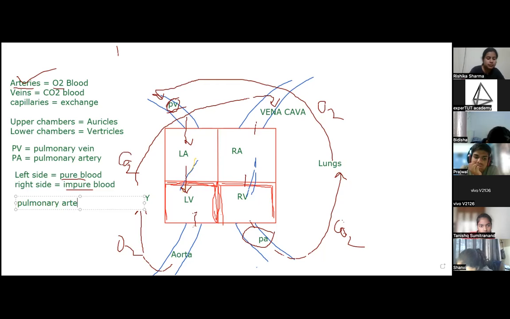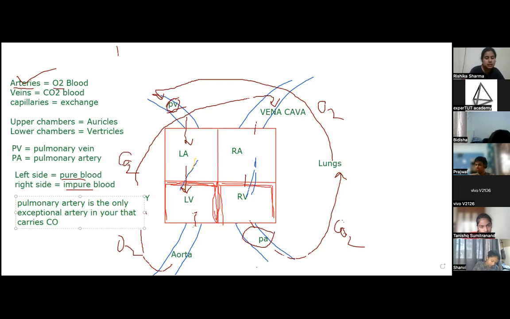Pulmonary artery is the only exceptional artery in your body that carries carbon dioxide containing blood.